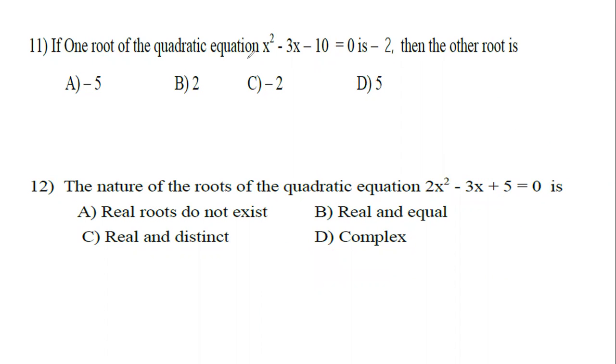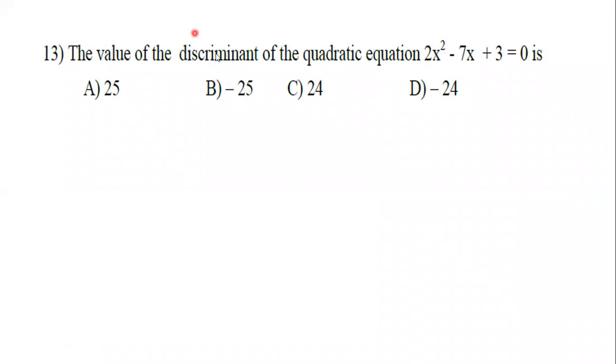Next, 13th sum. The value of the discriminant of the quadratic equation 2x square minus 7x plus 3 is equals to 0. So you're given A is equals to 2, B is equals to minus 7, C is equals to 3. Discriminant delta formula, delta is equals to B square minus 4AC.